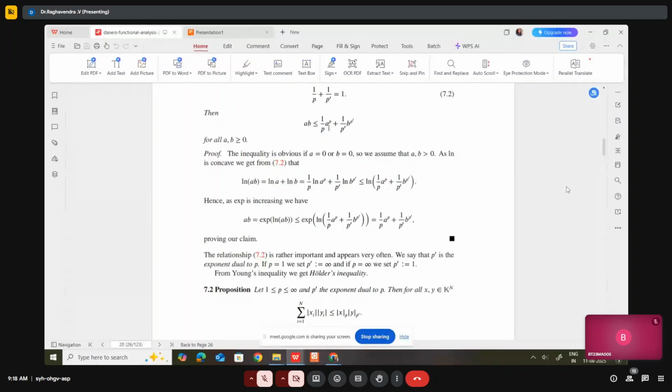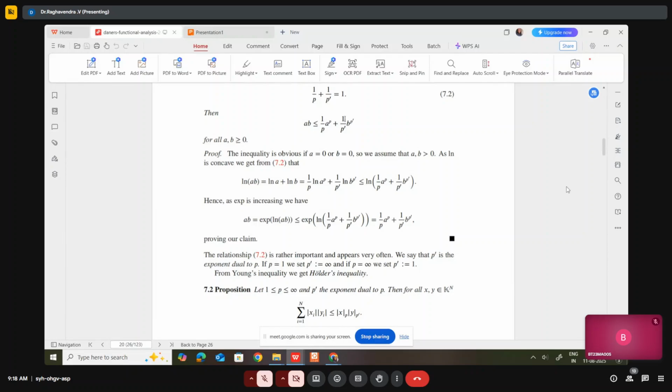It is written as a sum of something in terms of a raised to p and something in terms of b raised to p prime. That means, to a certain extent, on the right side you don't have a and b together. Either the term is with a or the term is with b.